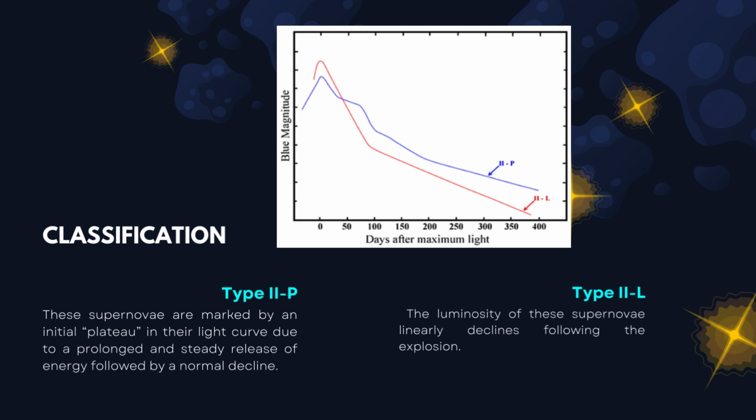In type IIL supernovae, the luminosity declines linearly following the explosion, unlike type IIP. Type IIL supernovae do not exhibit a plateau phase, and their brightness decreases at a more constant rate over time.